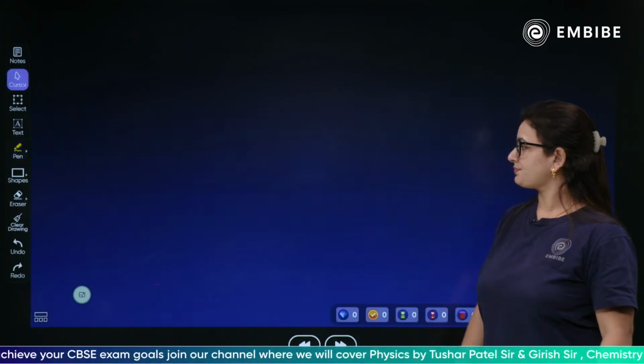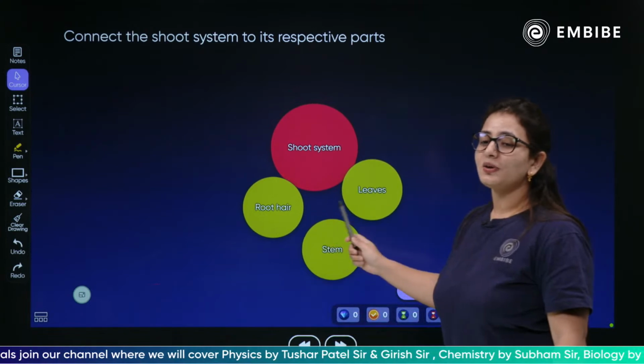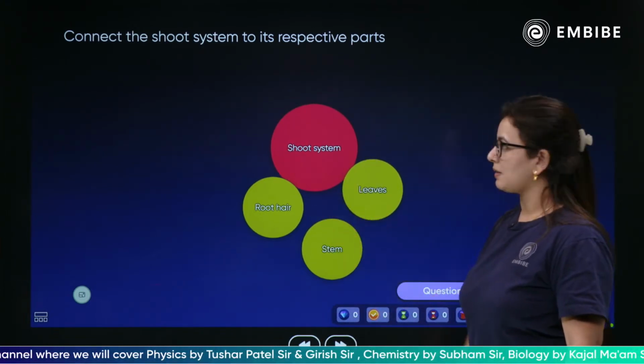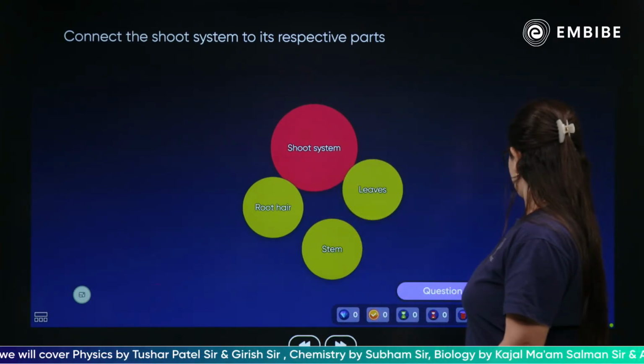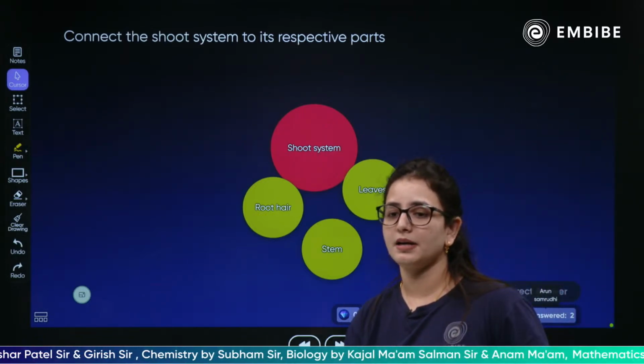Next we have a question for you. So children, now you need to connect the respective part of the root system or the shoot system. Come on quickly, connect the parts.